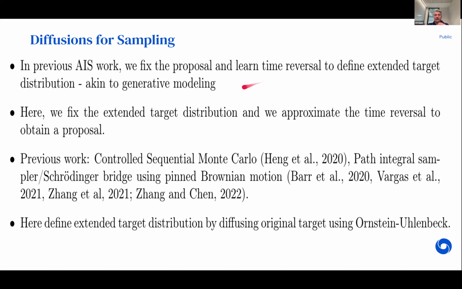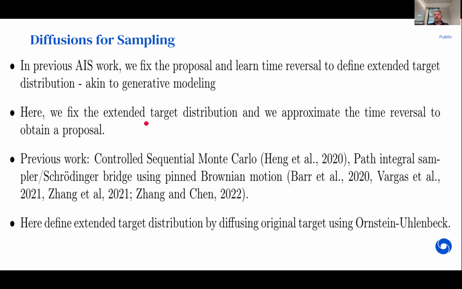But you see, by doing this, we haven't done anything about the problem. If the proposal was bad, the previous method was not improving anything because we were not modifying the proposal. We were just modifying the way we reweight the samples from the proposal.